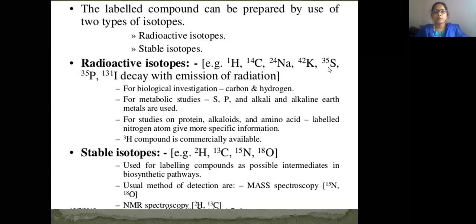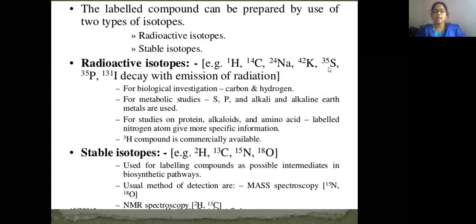Stable isotopes are used for labeling compounds as possible intermediates in biosynthetic pathways. The stable isotopes do not emit radiations, whereas radioactive isotopes decay with emission of radiation. They are used in the study of possible intermediates in biosynthetic pathways, and for their detection we use mass spectroscopy in the case of nitrogen and oxygen, N15 and O18.